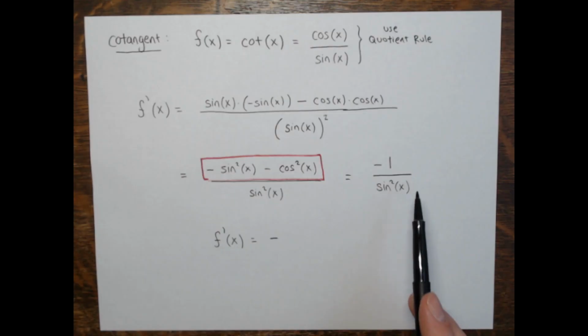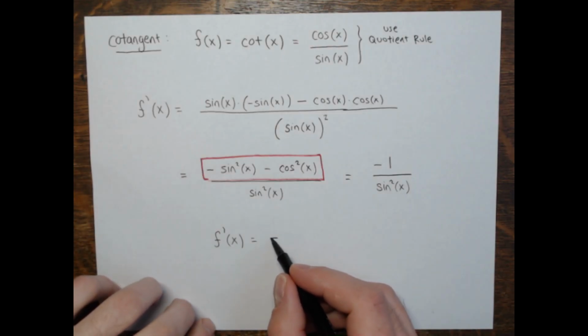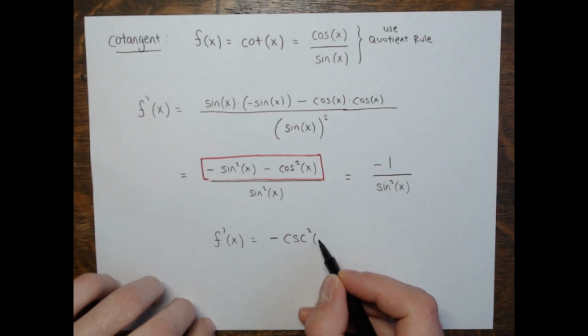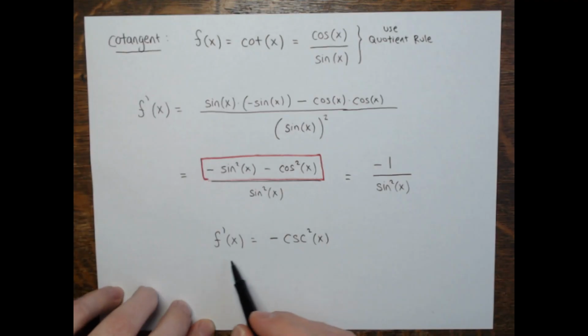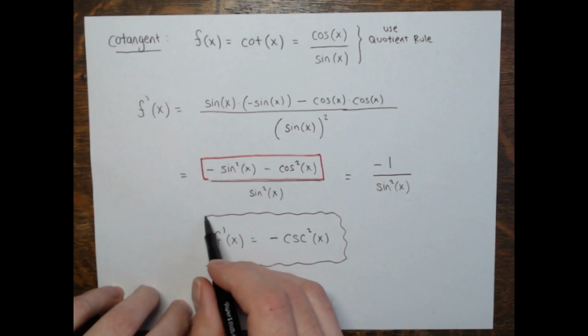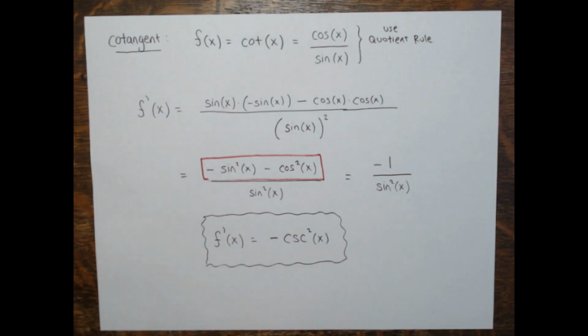So 1 over sine times 1 over sine again. So this would be negative cosecant, CSC of x squared. So here is the derivative of the cotangent function, the opposite of cosecant squared.